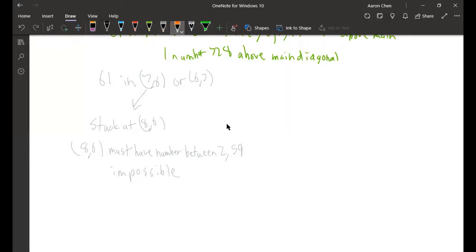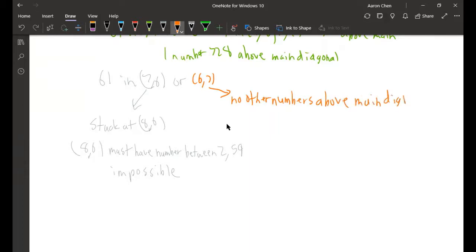And so now the other case is (6, 7). For (6, 7), we can see that no other numbers are above the main diagonal.